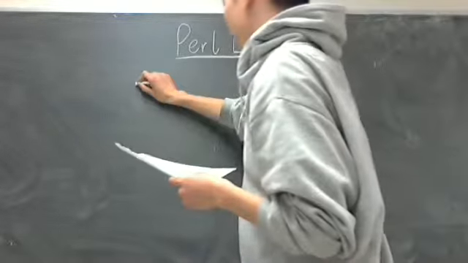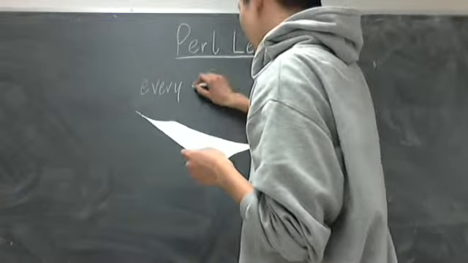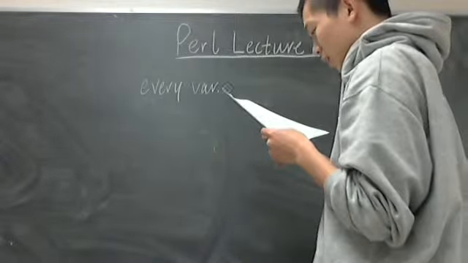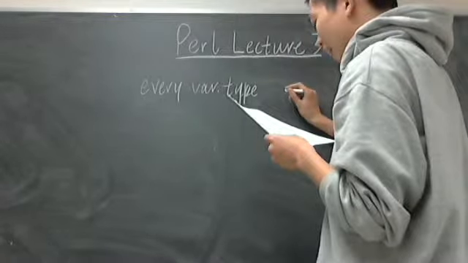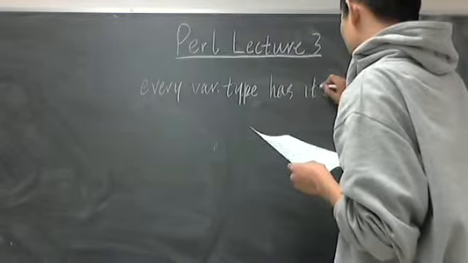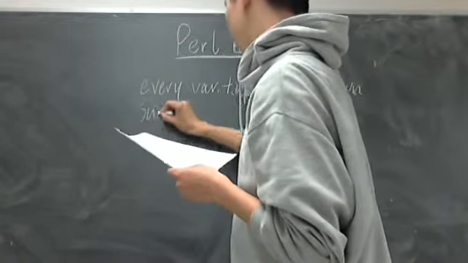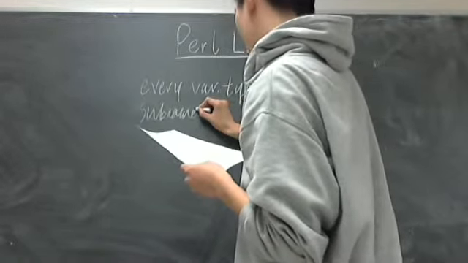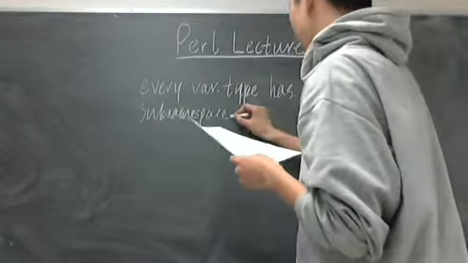I'm going to write that every variable type has its own sub namespace, determined by the funny character.